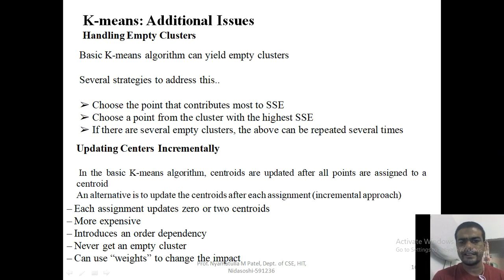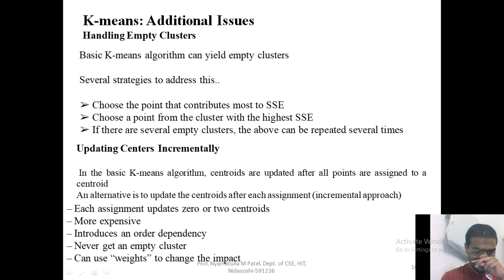There are several strategies to address this. When k-means yields an empty cluster, what do we have to do? Choose the point that contributes most to the SSE, the sum squared error. A second method is to choose a point from the cluster with the highest SSE.